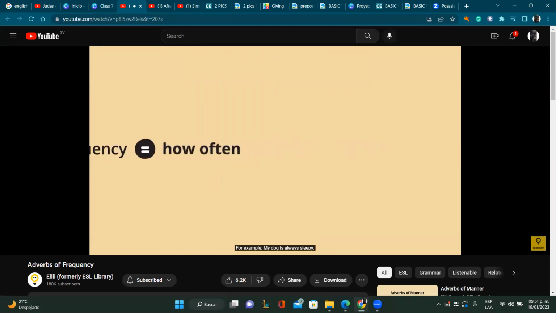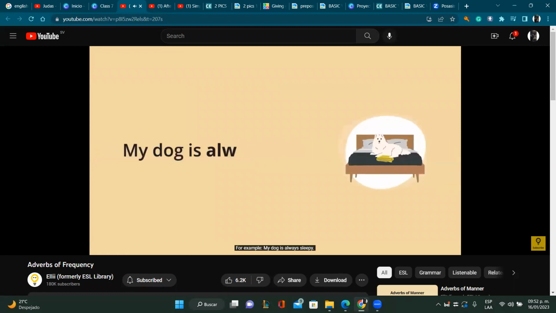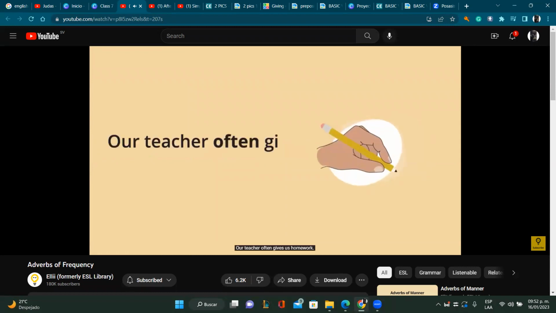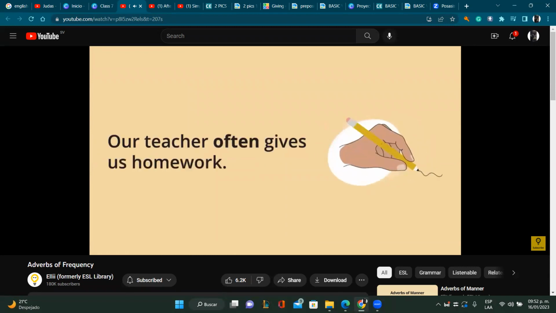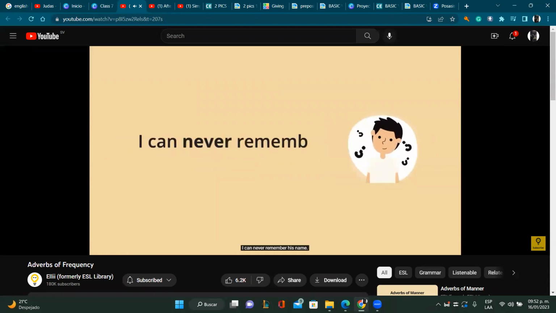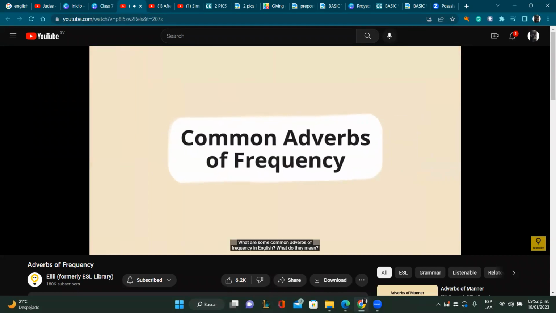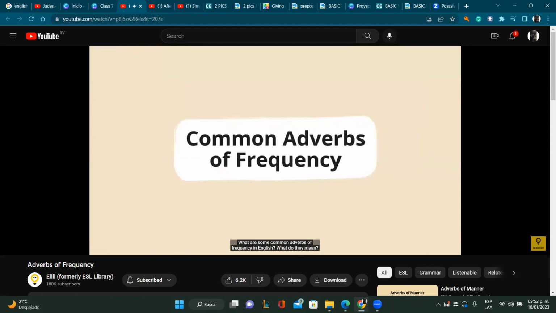For example, my dog is always sleepy. Our teacher often gives us homework. I can never remember his name. What are some common adverbs of frequency in English? What do they mean?